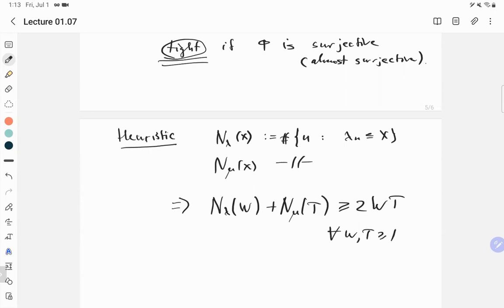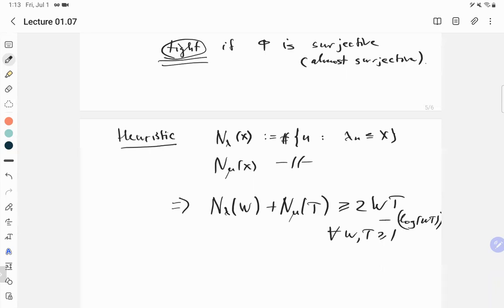This is very imprecise because it's not a real theorem, it's just a heuristic. It might be a little bit weaker than that, maybe minus some power of the logarithm of wt, or something else. It's just to give you some indication of how these sequences should grow.